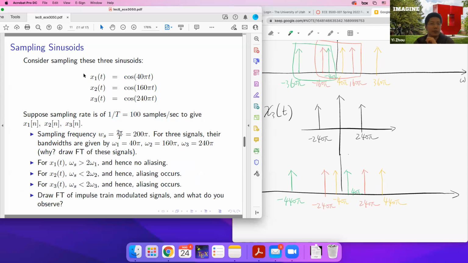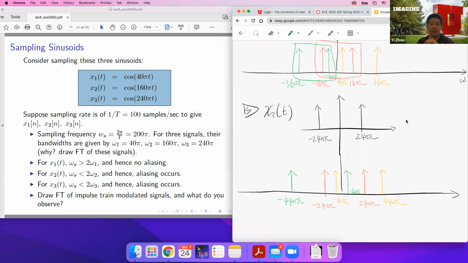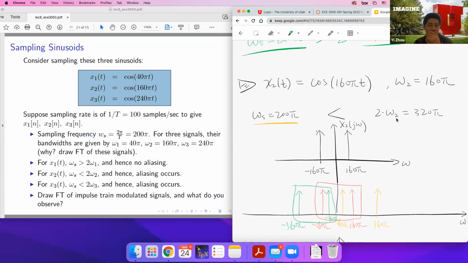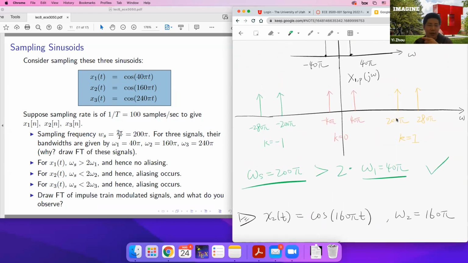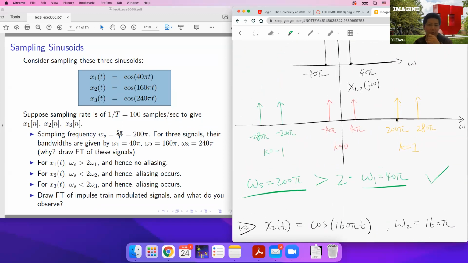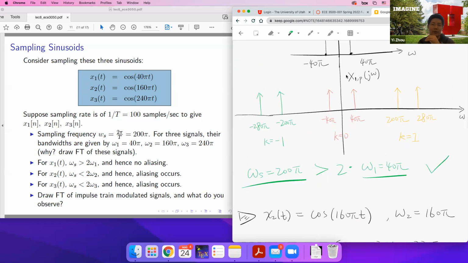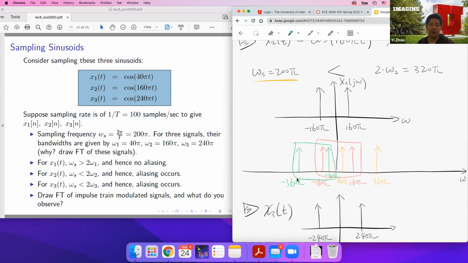And actually, these 3 examples are artificially designed so that they have the following interesting phenomenon. So first of all, if you look at the spectrum of the sampled signal, you will find that, okay, this is the first spectrum of the sampled signal of X1, right? And this is the second one.